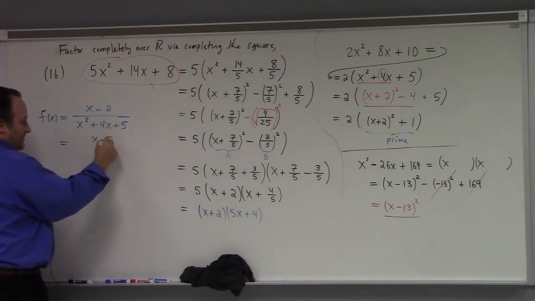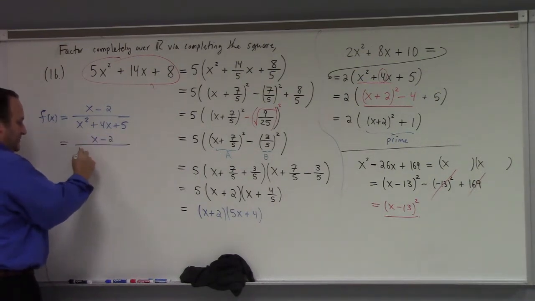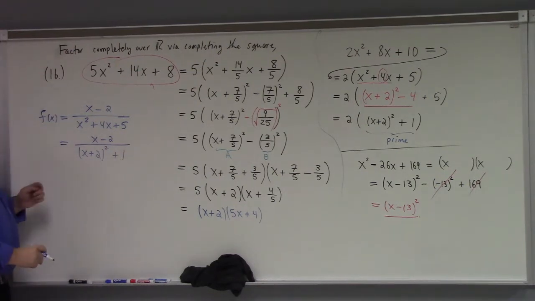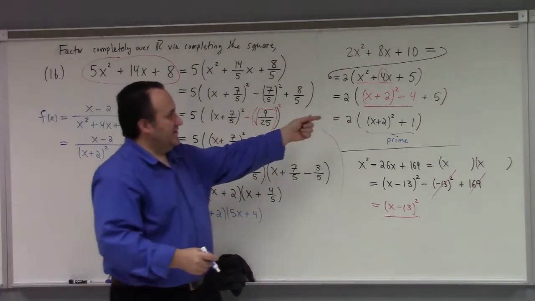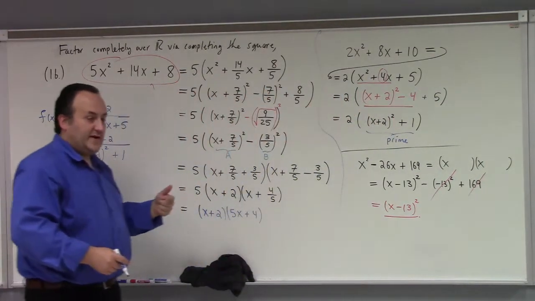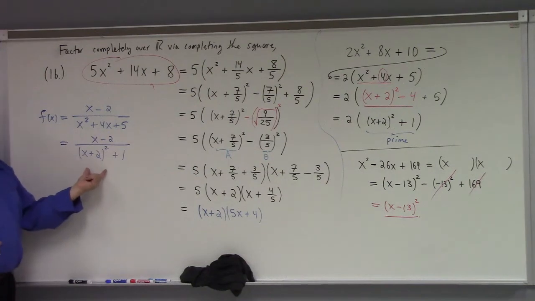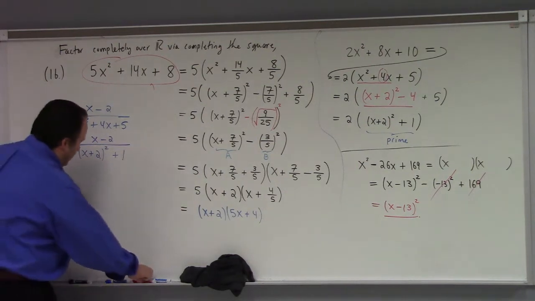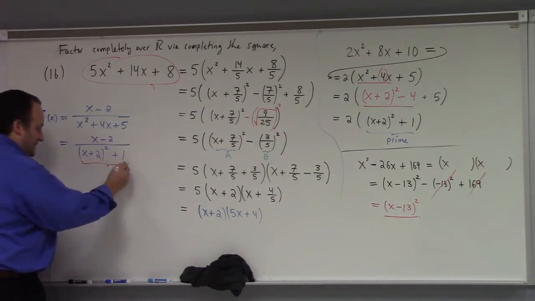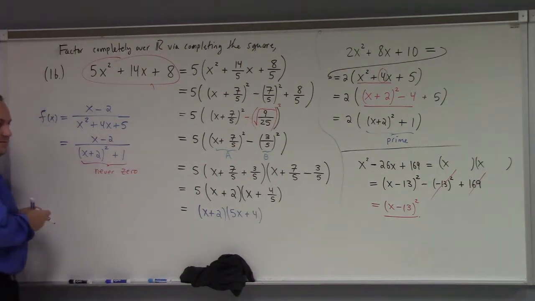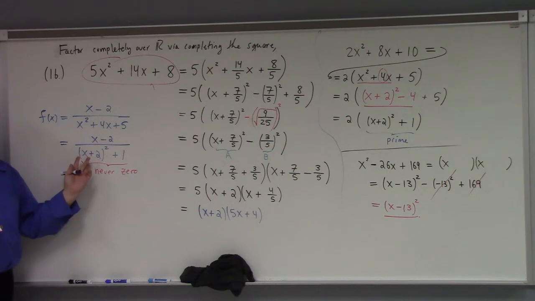Because we just did it, the denominator here is x plus 2 squared plus 1, right? So we complete the square on x squared plus 4x plus 5. It is x plus 2 squared plus 1. What is manifest from this formula is that this is never 0, because you're taking something squared plus 1.